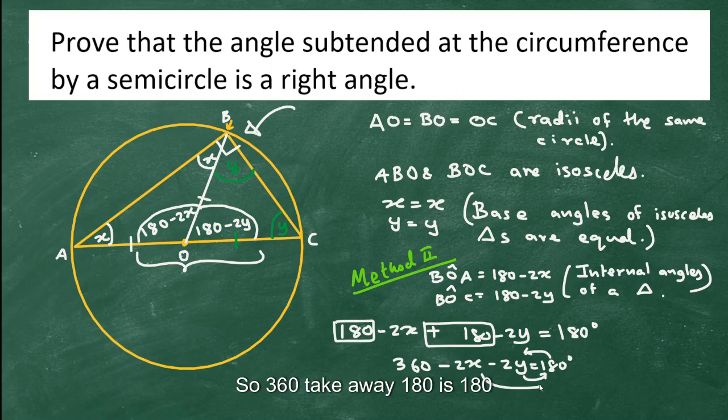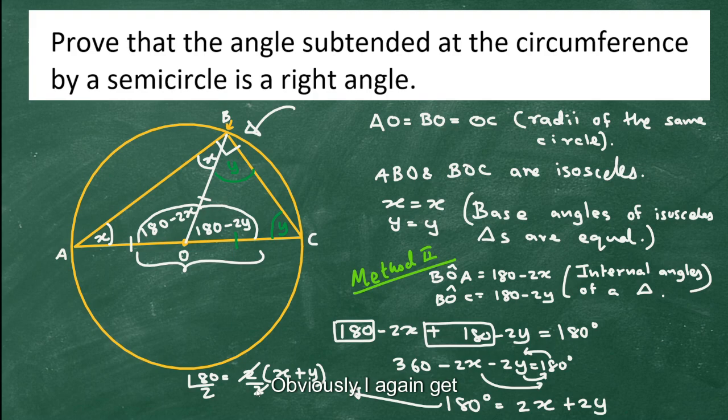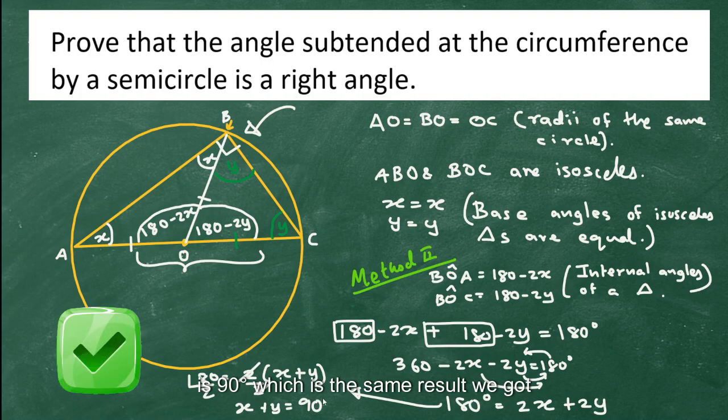So 360 take away 180 is 180, is equal to 2x, which becomes positive, 2y also becomes positive there, and like before you can factorize. 180 is 2 bracket x and y, divide both sides by 2, and I again get x and y is 90 degrees, which is the same result we got earlier.